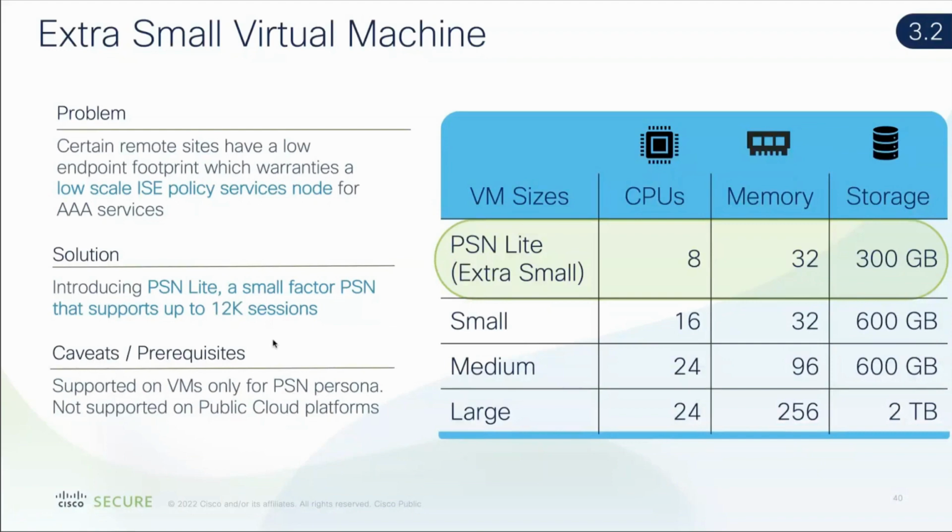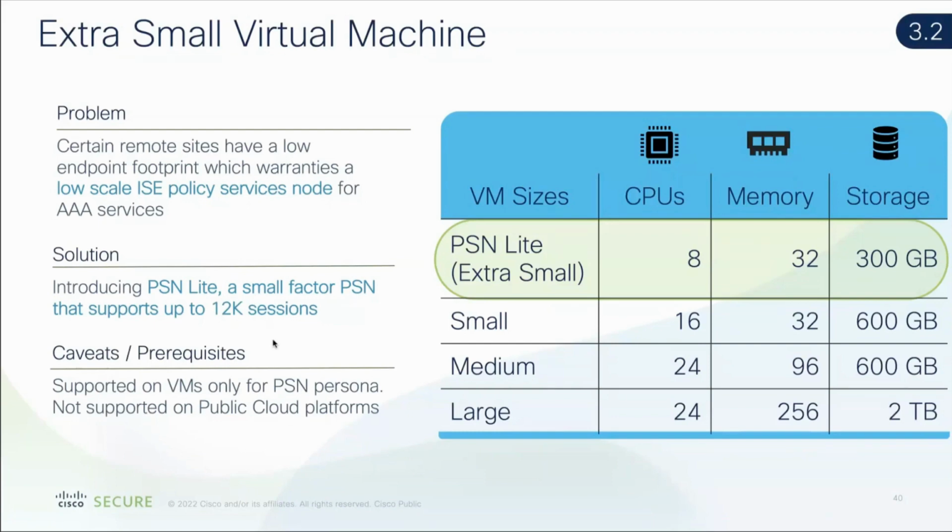Most of the customers were actually looking for a small form factor, even smaller than the small VM machine. That was the reason why we introduced this extra small virtual machine, where the customer's footprint is much lesser than the small one.